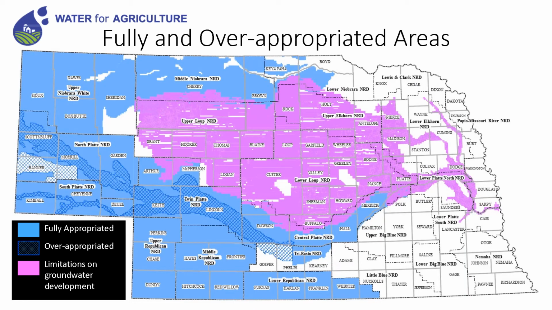The area that this study was concerned with was the area of the Platte River that is fully or over appropriated. You can see on this slide that the North Platte River Basin is determined to be over appropriated. The South Platte is also over appropriated, and then the Central Platte is both over appropriated and then becomes fully appropriated. So this is the area of our research.